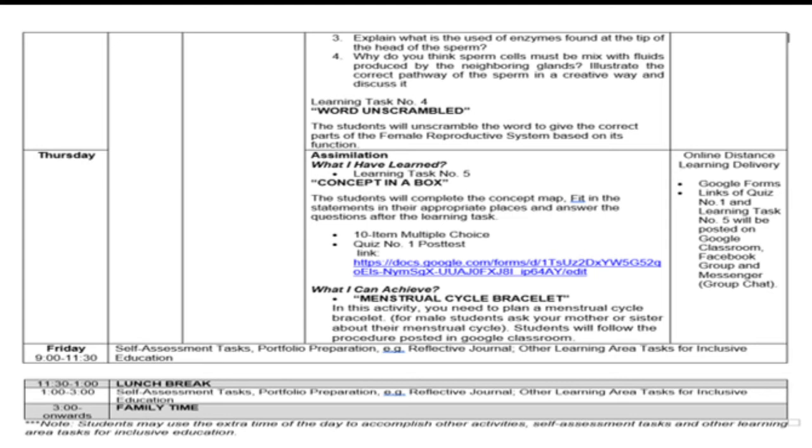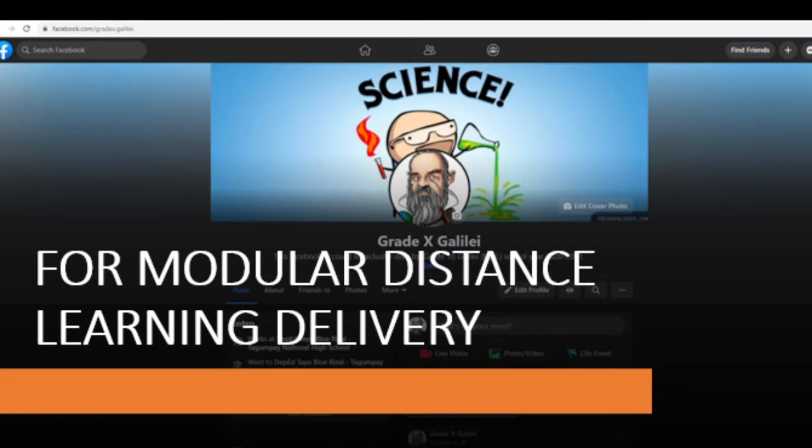So, how about in modular distance learning delivery? Same learning competency and topic, but different in some parts. Here in my modular class, the WHLP is more on pertaining to the module they have.